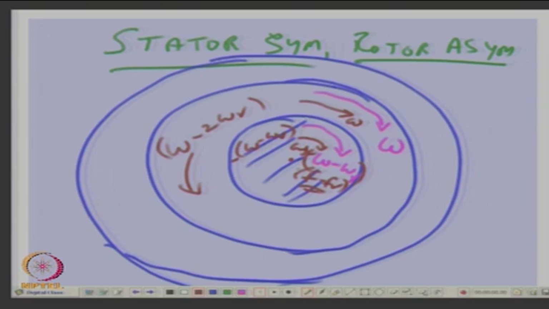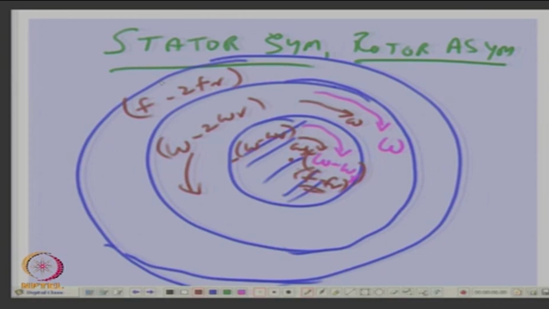That will give rise to a frequency f minus 2 f r in the stator, because the stator will now see another additional field rotating in the opposite direction, at omega minus 2 omega r, which will give us f minus 2 f r backward.